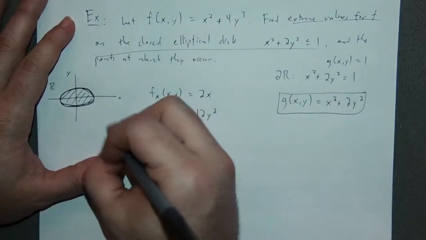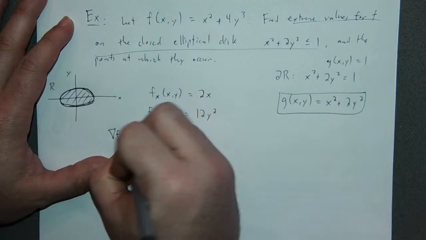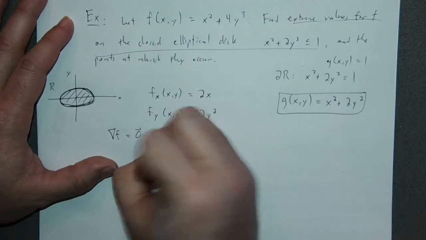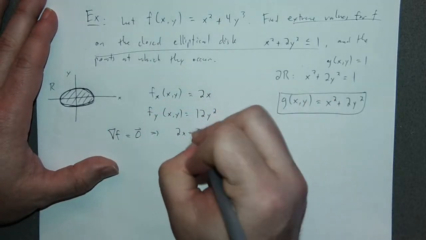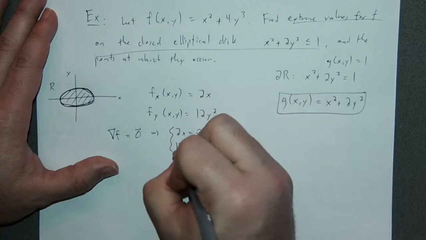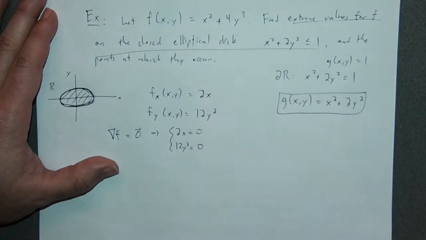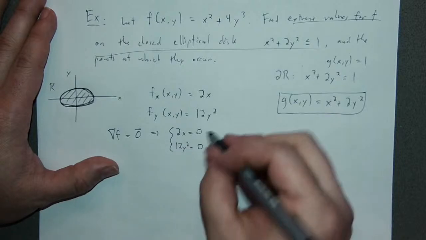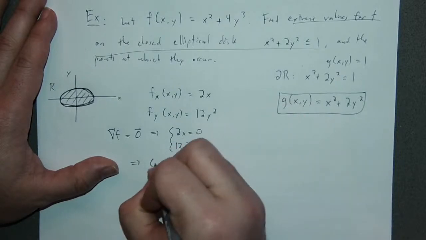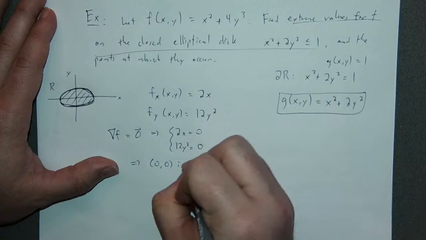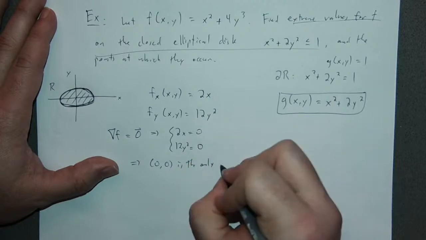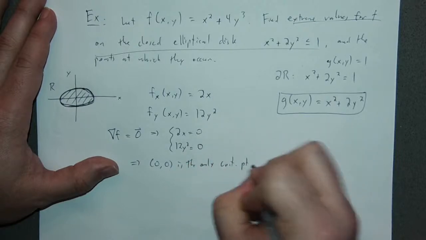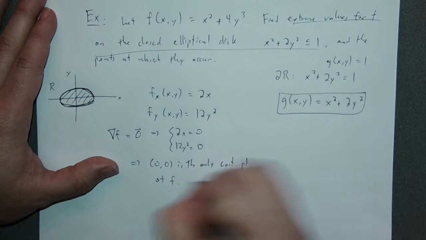And so setting the gradient of f equal to the 0 vector tells me that 2x is equal to 0, but simultaneously 12y squared is equal to 0. The first equation means x is equal to 0. The second equation means y is equal to 0. So it means that (0, 0) is the only critical point of f.